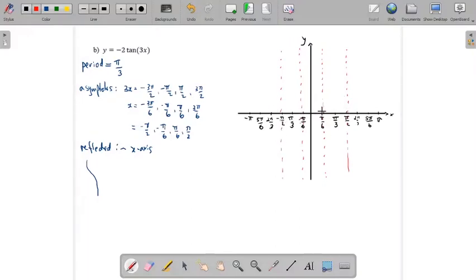Now, the distance from here to here is pi on 3. Distance from here to here is pi on 3. So we're going to go again the same. So that means we're going to have asymptote here at negative 5 pi on 6 and positive 5 pi on 6.